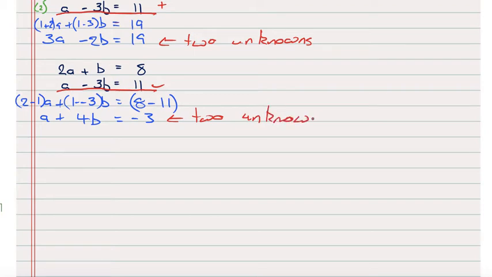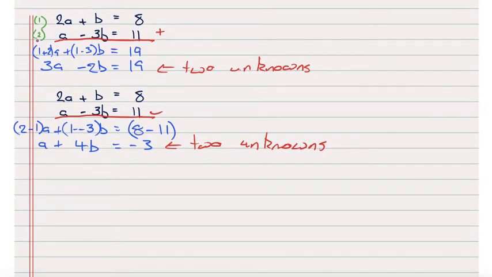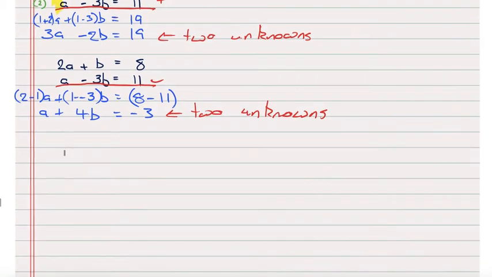What can we do? Well, we can change one of these equations. We can scale it such that we get one coefficient that matches the equation in equation 1. So say, for example, let's look at 2a. What can we do to make this up here equal 2?